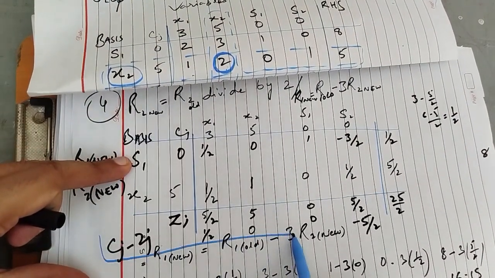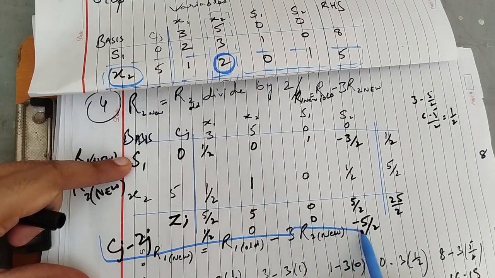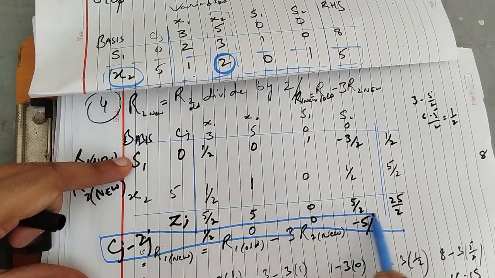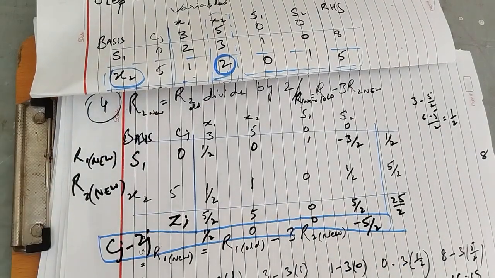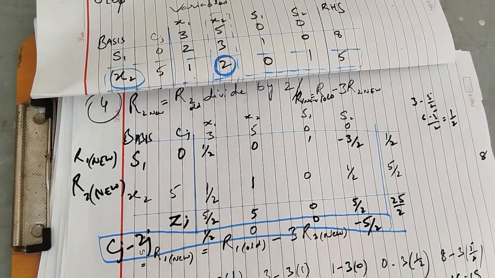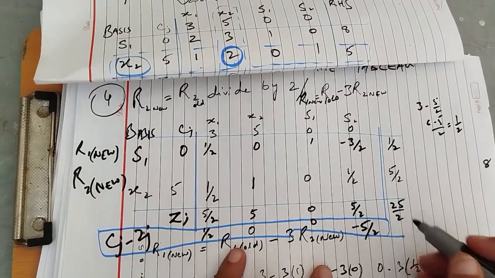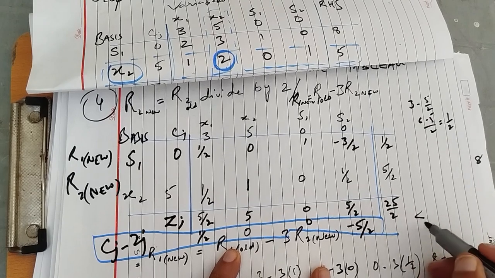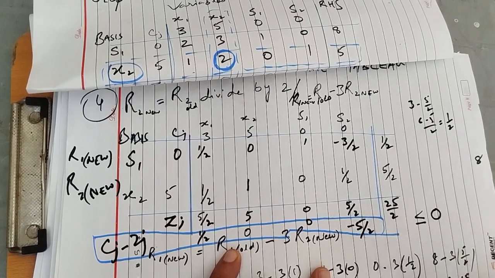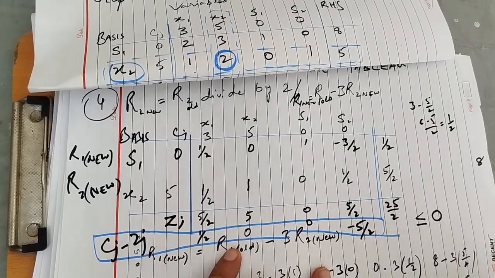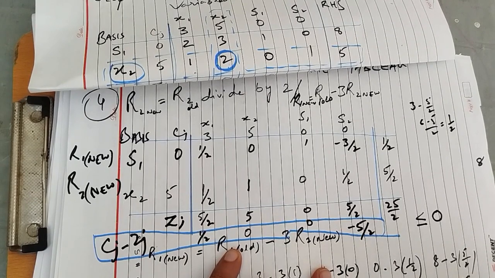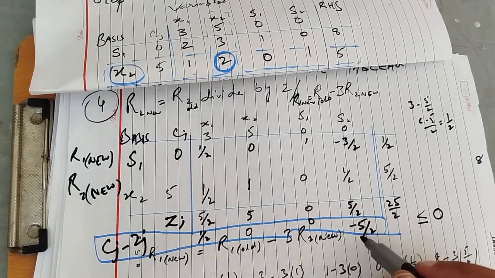So you see what our condition was. Our condition was to make it less than or equal to 0. If it is less than or equal to 0, then it would be our optimum solution. So let's see. Yes, this is less than 0.